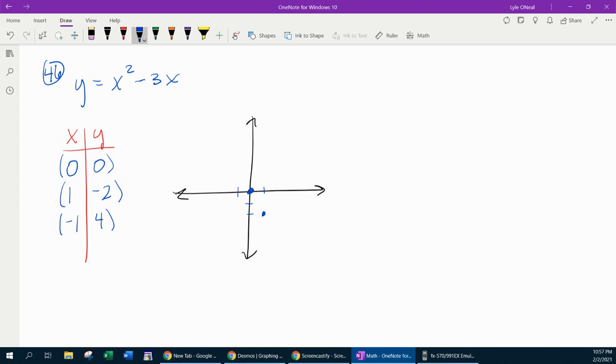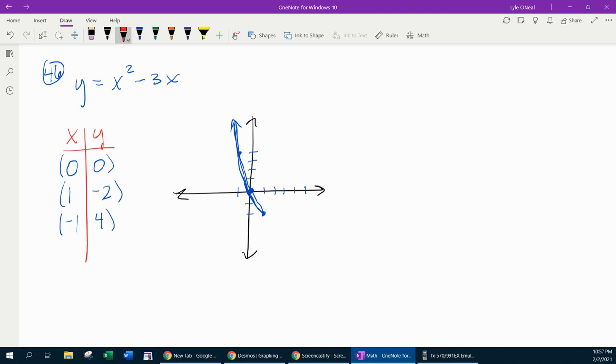And if I go to negative 1, I'm up at 4. Now, what I can see here is that this looks like the left-hand side of the parabola. And so that tells me in order to see the rest of the parabola, I probably need to pick a few more positive x values.